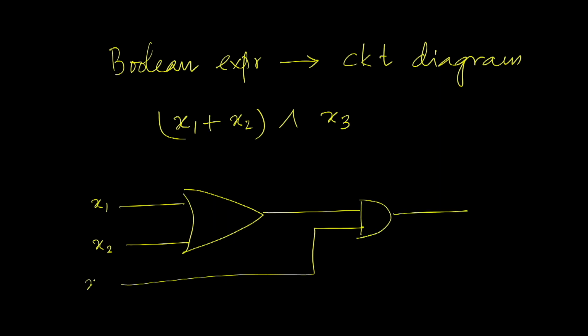So, this is the circuit diagram corresponding to this Boolean expression. So, what we know is that any Boolean expression can be converted into a circuit diagram using AND or NOT gates, using either the sum of products form or the product of sums form. You can have an equivalent circuit diagram created using only NAND gates too, or NOR gates.